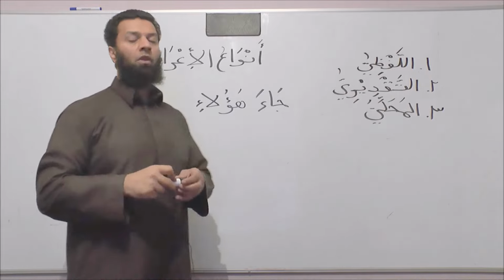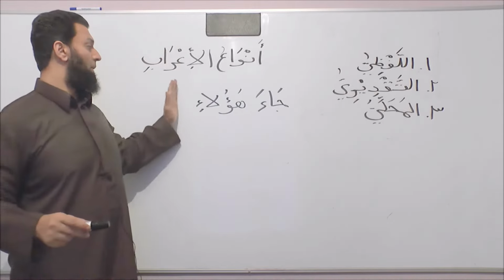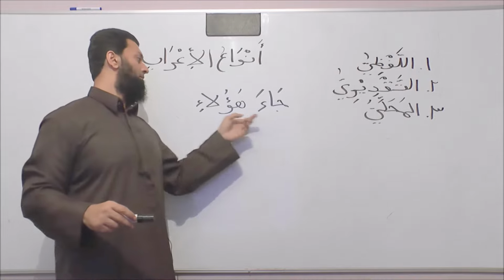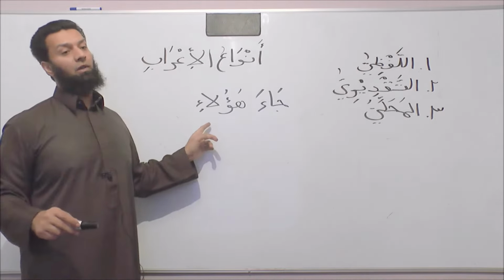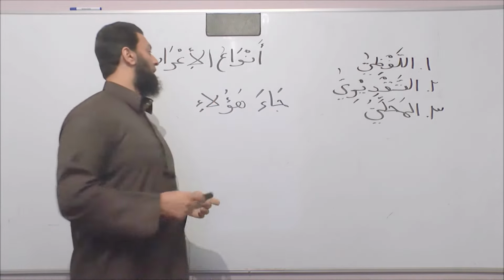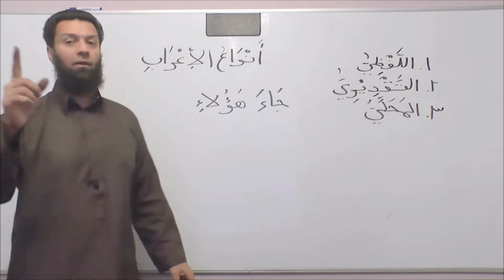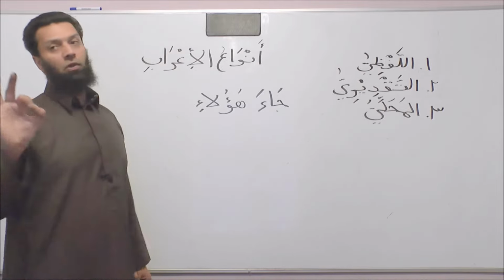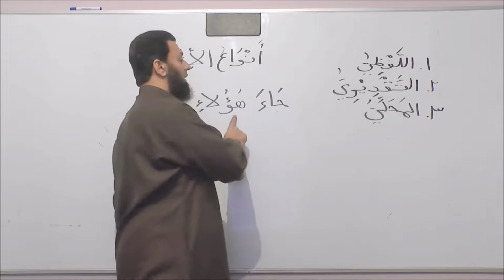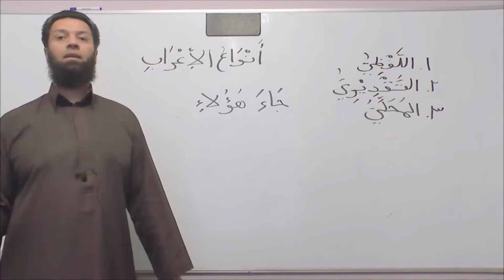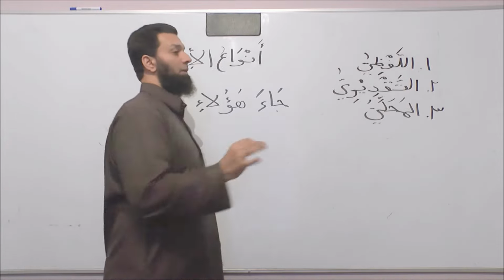This is our sentence, complete sentence. Fi'lun and fa'ilun, comprising of our jumlatul fi'liyah. Now, what do we note? We note that ha'ula'i occupies the position of the fa'ilun.